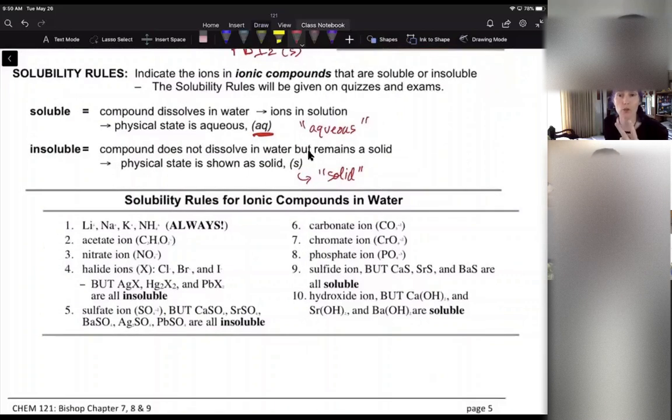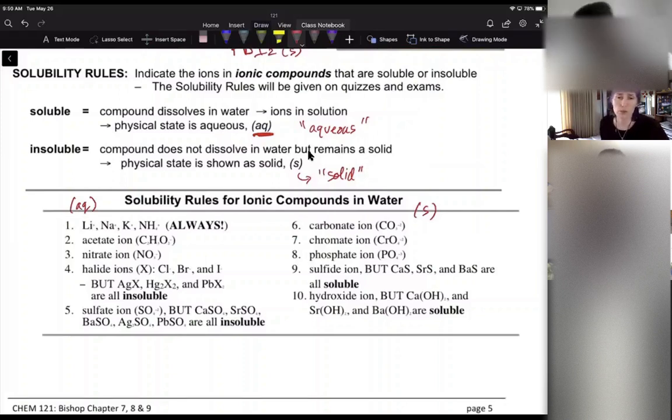And the first one you meet, that's it, you're done. Okay, so if it's on the left side of the chart, these are going to be soluble. This side is aqueous. This side is solid. So if you have anything that has lithium, sodium, potassium, or ammonium, it's aqueous, you're done.